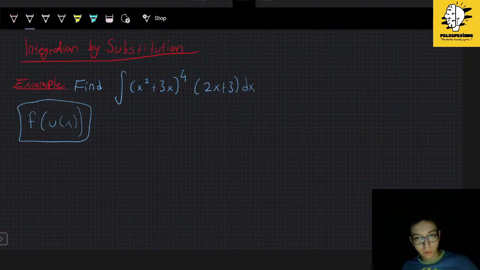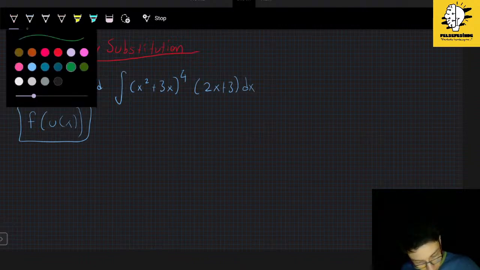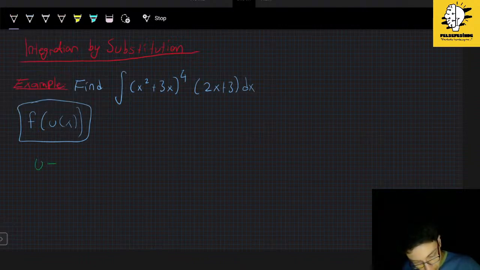So I have to reach that form. To reach that form, I will say that my u will be equal to x squared plus 3x, and therefore my f of u will be equal to u to the power 4.